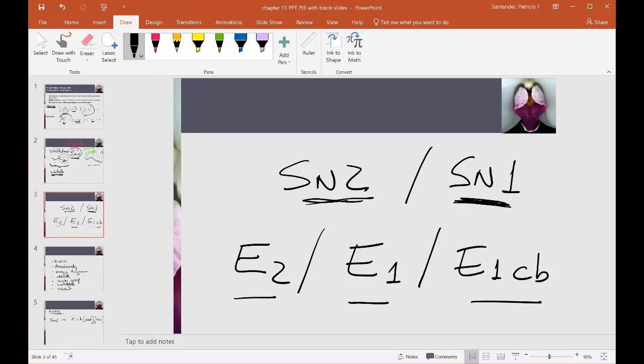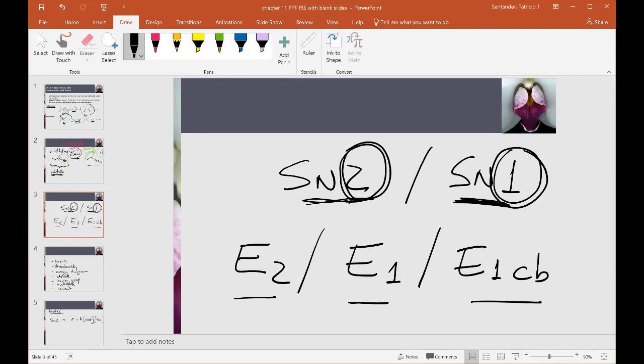So what is the meaning of SN2, SN1, etc.? Well, this number, 2 or 1, is telling me something about the molecularity of the reaction. How many species are involved in the formation of the transition state? And how many species will determine the kinetics of the reaction?